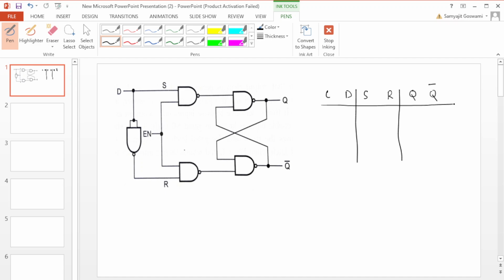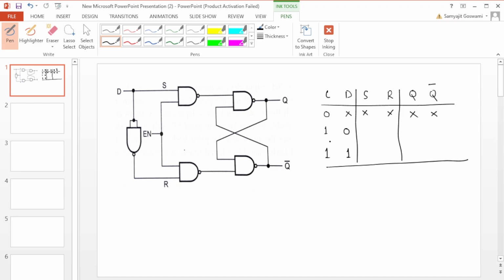If the clock is 0, then whatever D is, S and R will not show any output. So the clock is always 1 here, and we will give two combinations, D equals 0 and D equals 1.